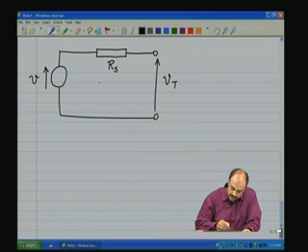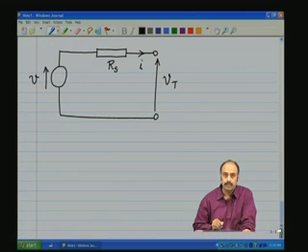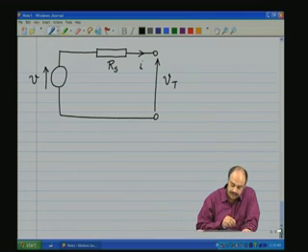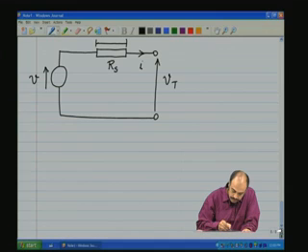Now there is going to be a current that flows in the circuit here. Due to the flow of this current, there is going to be a drop across this resistance, and that is going to be I Rs.